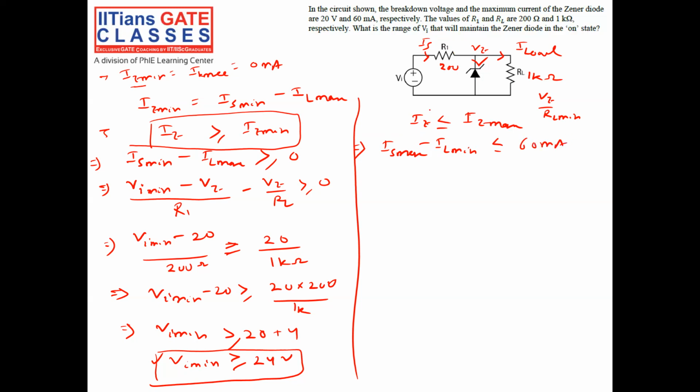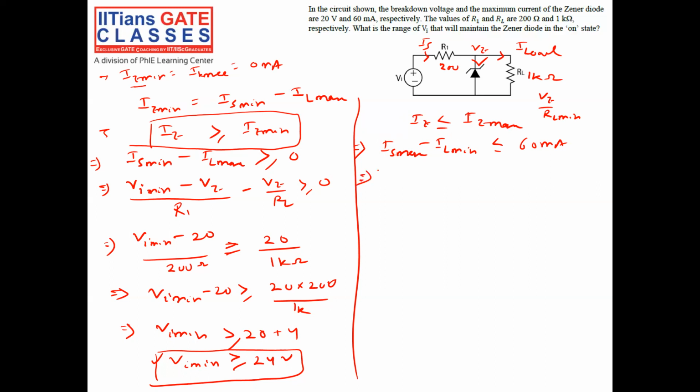Again, I am repeating, the maximum Zener current is the source current maximum minus load current minimum. Because maximum minus minimum will give me the maximum. In the exam, you will get confused. If you want the Zener current maximum, you have to subtract maximum source minus load minimum, not load maximum, because maximum minus minimum will give me my maximum Zener diode current.